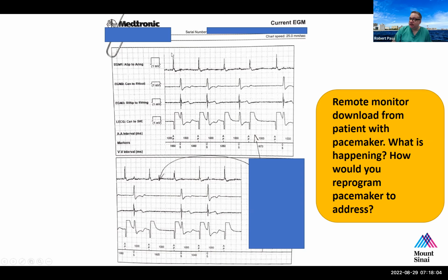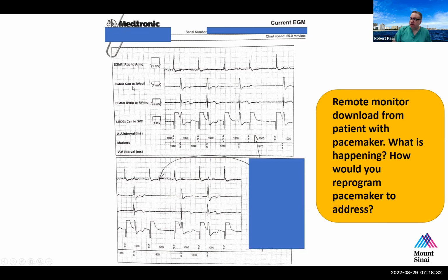We see it's a very nice, clean one with just a nice sharp A, not so much V, a little bit of a far field V here. And we've talked in the past that atrial pacing leads will sometimes have a far field ventricular electrogram because the most common location we put pacing electrodes in the atrium is in the appendage, which hangs over the ventricle and can sometimes record far field V.